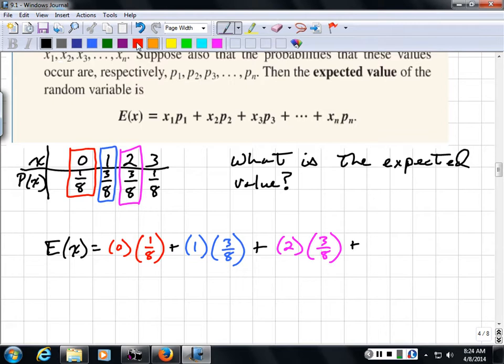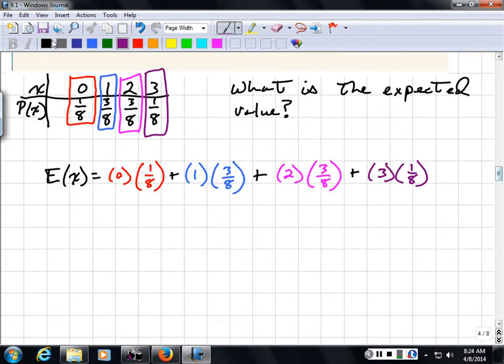And finally, we're going to add the last pair of numbers, multiplied together. And this is going to look like this.